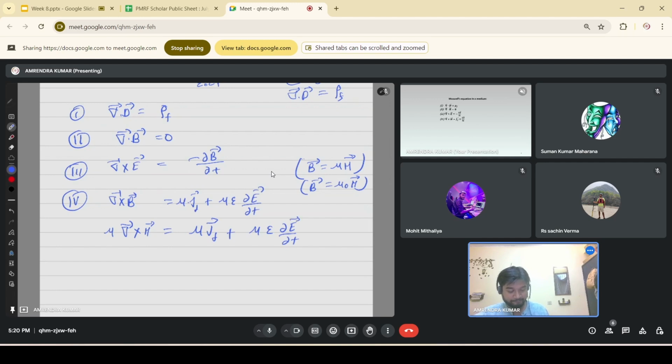So we can write this as del cross H is equal to mu j.